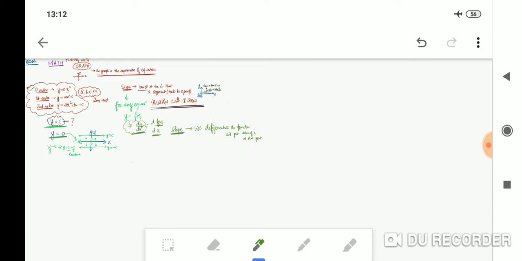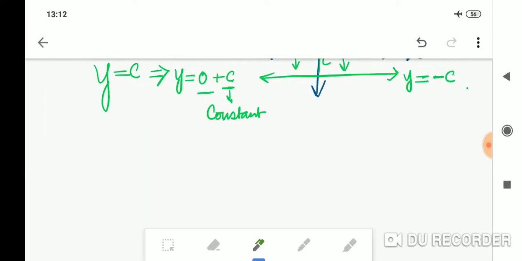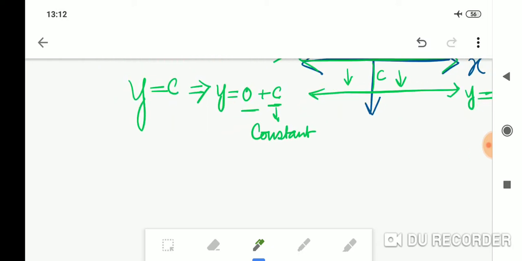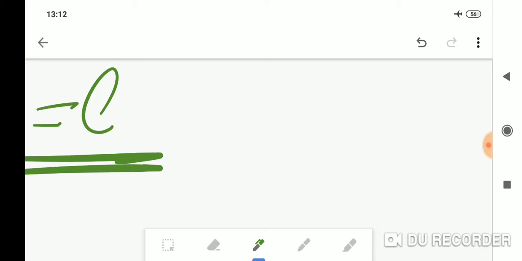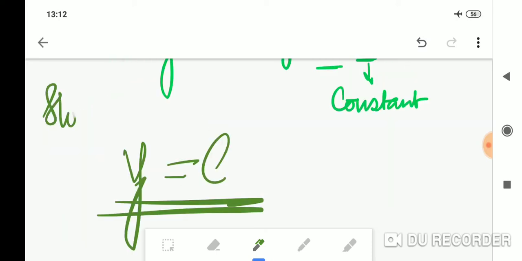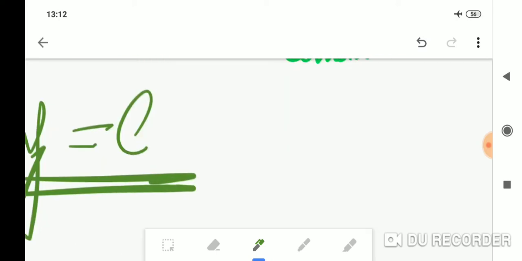Okay, so we've learned it. So we'll differentiate y equal to c. So y is equal to c is differentiated for slope. We are finding the slope for y equal to c.